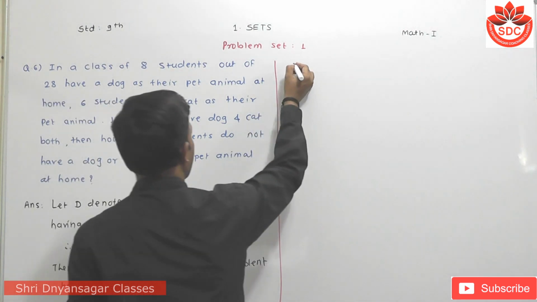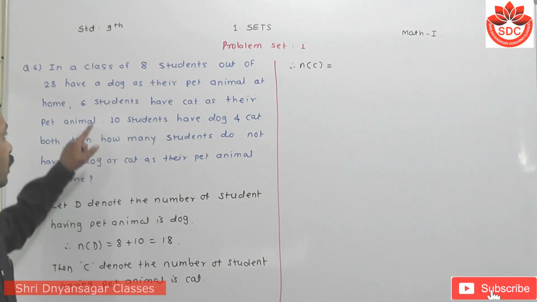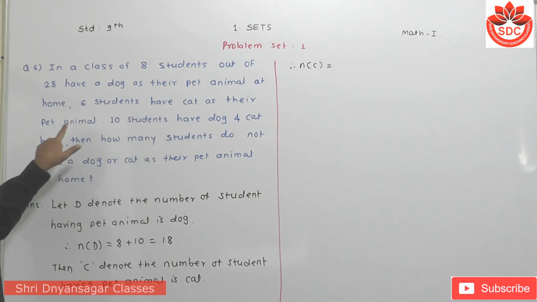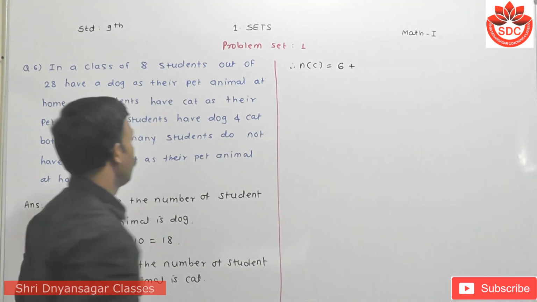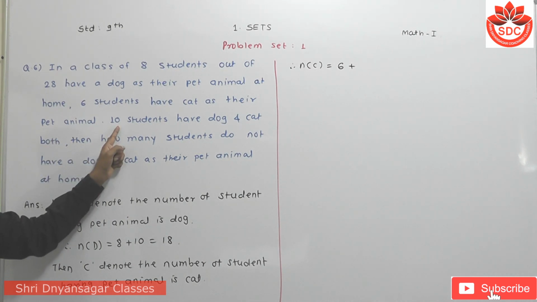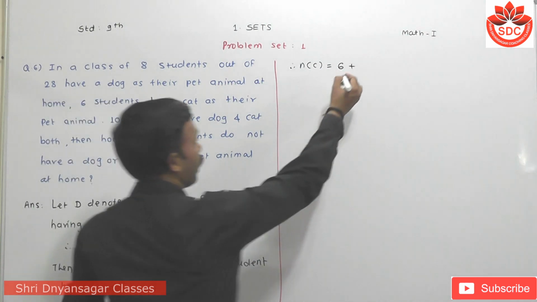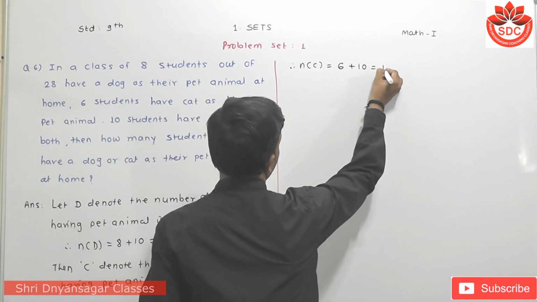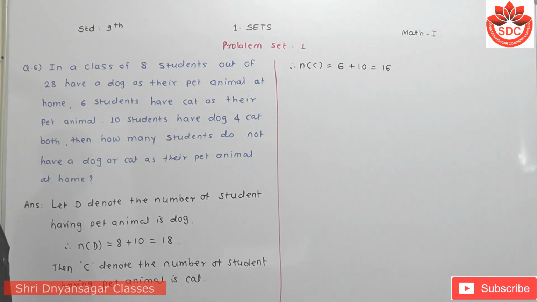Therefore, n of C is equal to, now here is 6 having pet animal is cat plus both dog and cat, 10 students having dog and cat as both the pet animal. So again we add here 10, that means 16 is the number of cats as a pet animal.